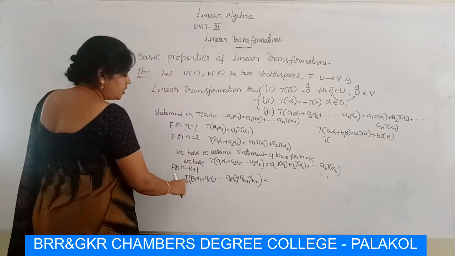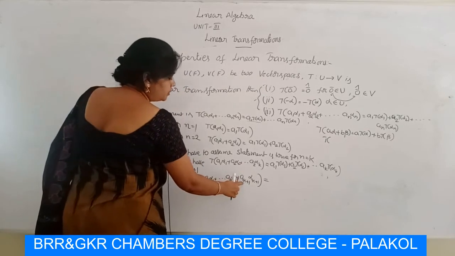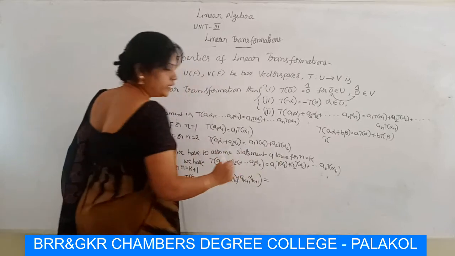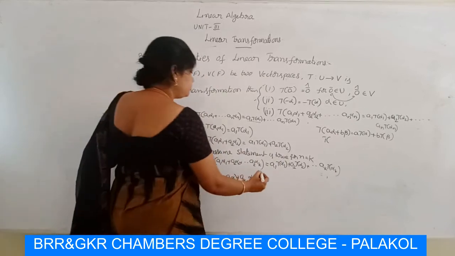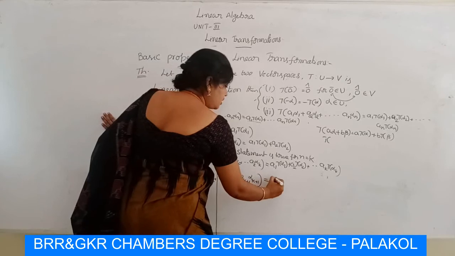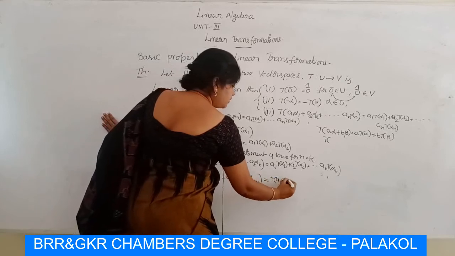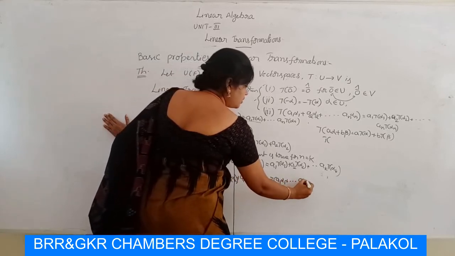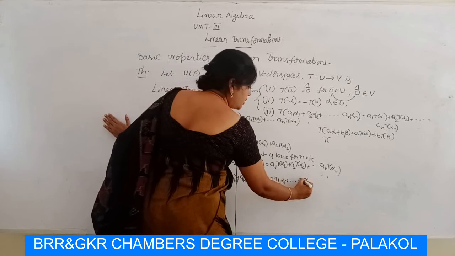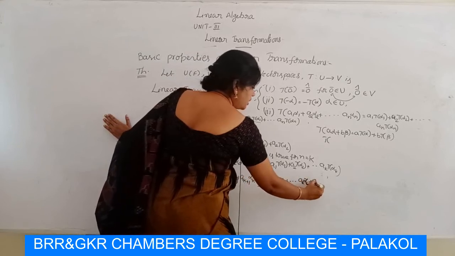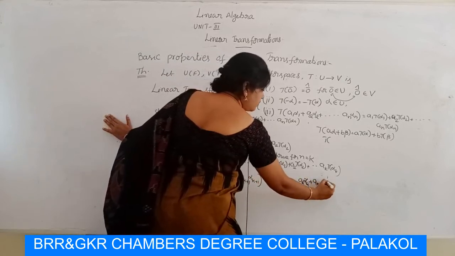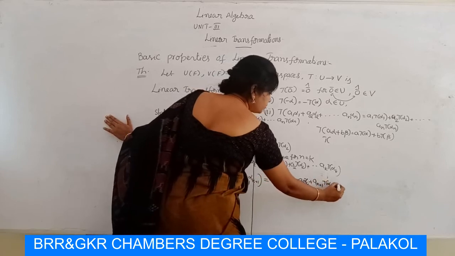So we can write it as T of a1 alpha 1 plus a2 alpha 2 plus and so on ak alpha k plus ak plus 1 into T of alpha k plus 1.